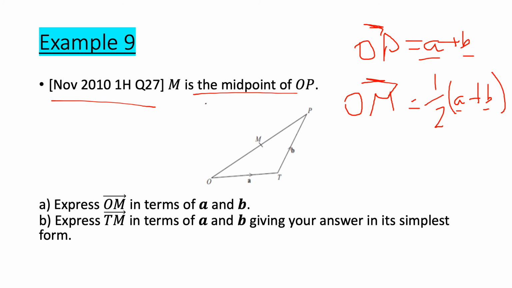And then TM. So TM is going to be this way plus this way. So TM is going to be minus vector A, because I'm working backwards, remember.